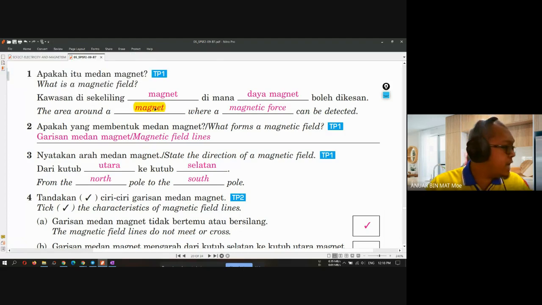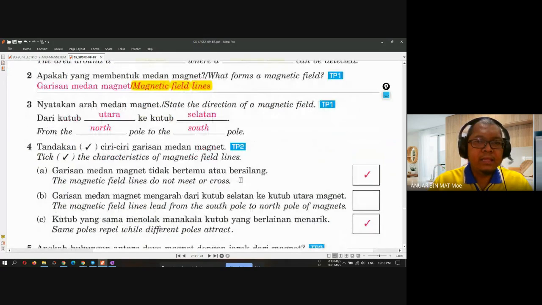Number 2, what forms a magnetic field? You can write there: magnetic field line. Number 3, state the direction of the magnetic field. Please remember, always from north to south, north pole to south pole. This is the direction of the magnetic field.